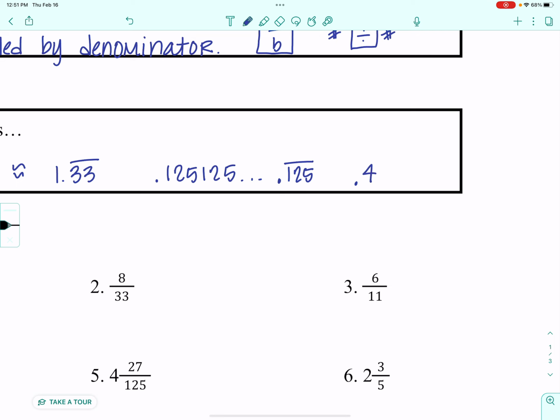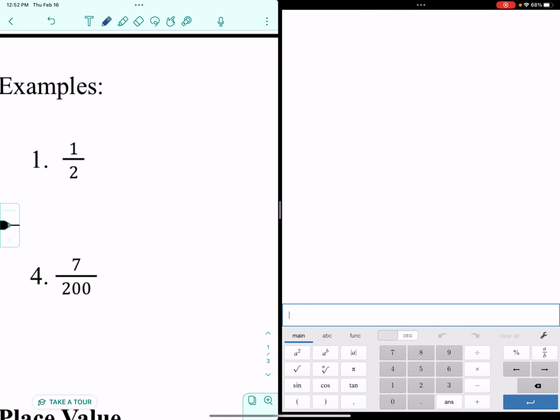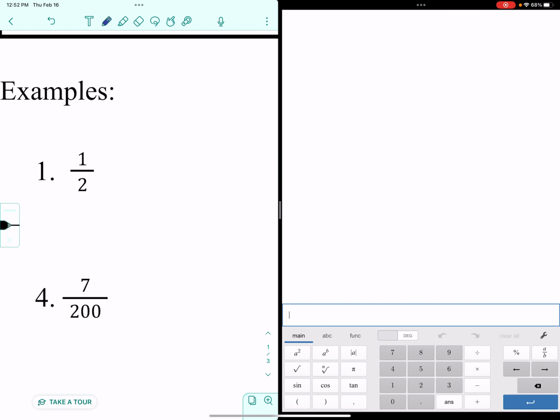So here we go. We are going to plug this guy into the calculator. I need to pull up my Desmos Scientific Calculator very quickly. Okay. I'm going to use the fraction button with the A over B. I'm going to put the 1 in the top.